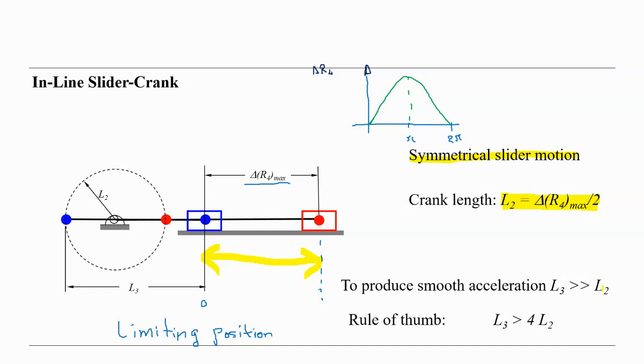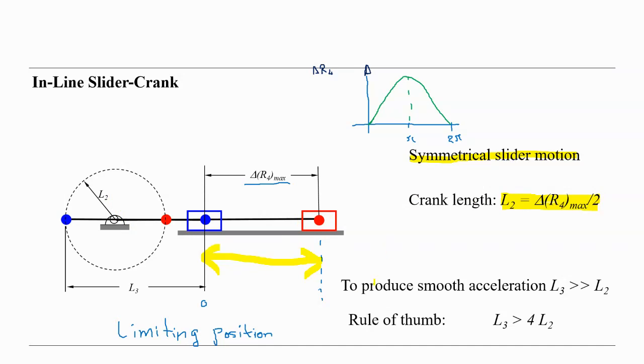L2 is easy to define. Delta R4 max divided by 2 gives us L2, because this is the difference between two limit positions created by the crank. That means the length of crank L2.